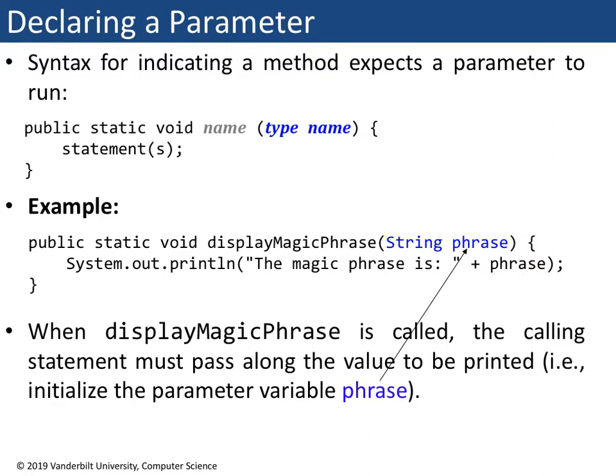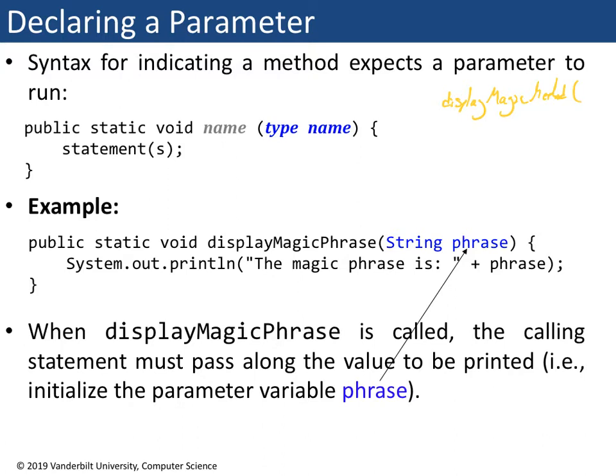So then when displayMagicPhrase is called, the calling statement must pass along the value to be printed. So what I'm saying here is, in our main, when someone types in the displayMagicPhrase method, they have to also, in parentheses, write whatever they want to pass.